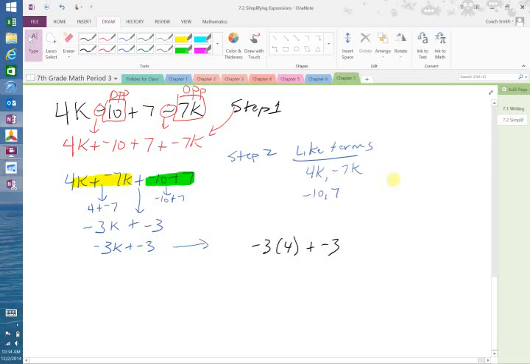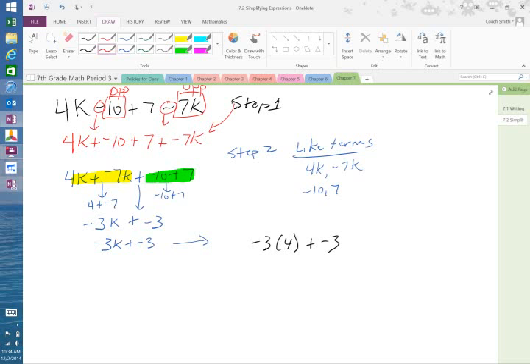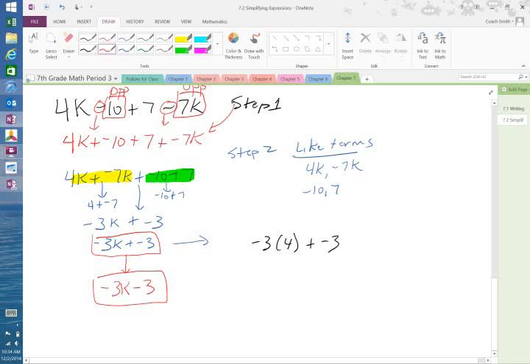Okay? Now, here's the other issue. This is an answer, but it's not the one I want. The one I want is this. Because the plus and negative right here is the same thing as a subtraction sign. Because what do we do if I have this, let's say I have 4 minus 3.